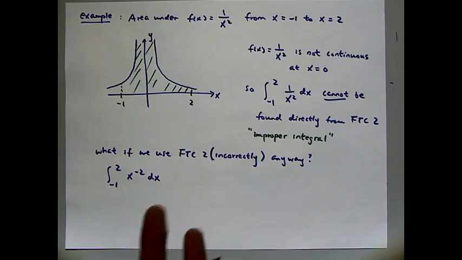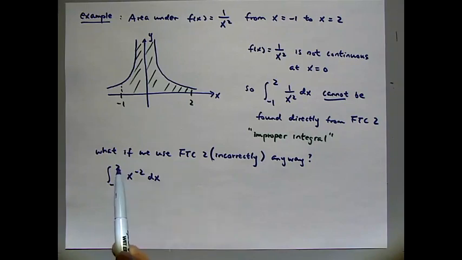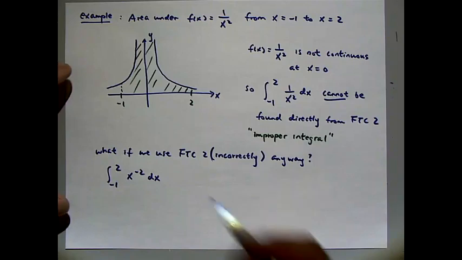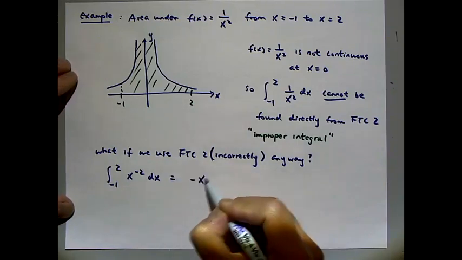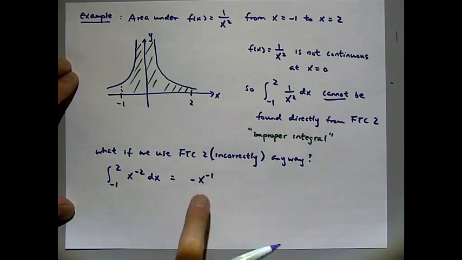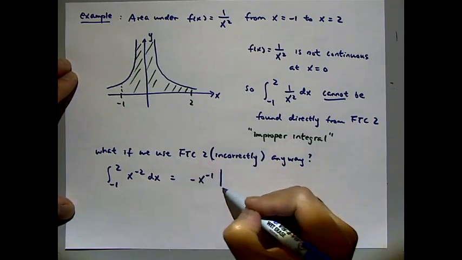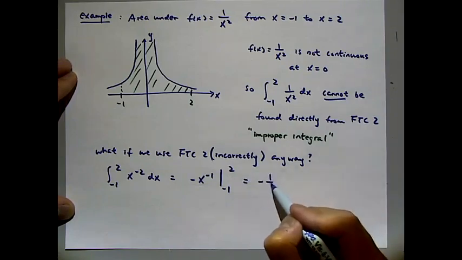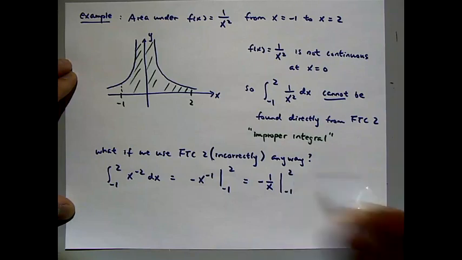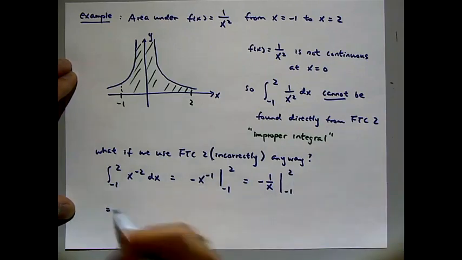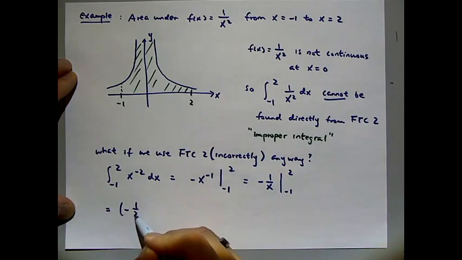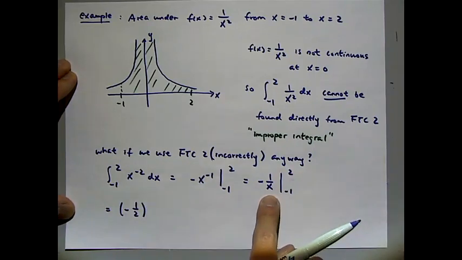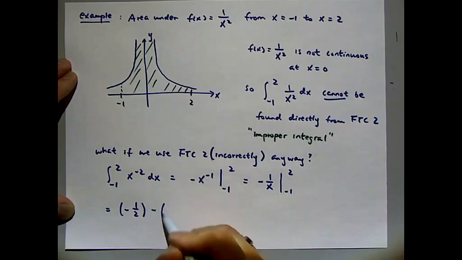If I didn't have this picture in front of you and I didn't notice this function being discontinuous at some point between here and here, and I blindly used it, then remember, add 1 to the power, divide by the new power, and then evaluate at the endpoints. Be very careful with the sign here. First, we're plugging a 2 for x. Subtracting away, now we're plugging a -1 for that x.